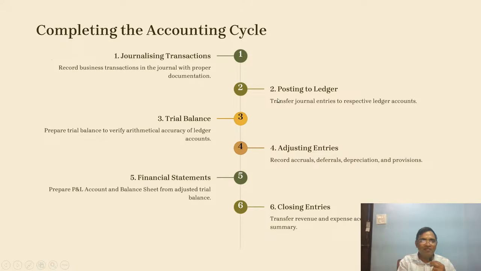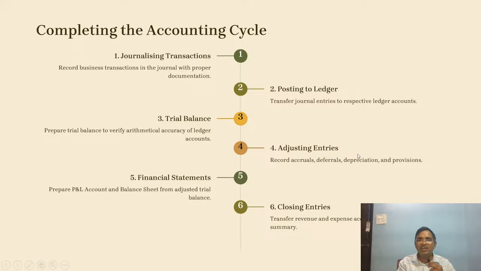First we make the journal entries, supported by primary documentation. Then we go to the ledger. Whatever is mentioned in the journal entry goes to the ledger posting. Then from the ledger it goes to the trial balance. After the trial balance, adjusting entries can be done in the profit and loss account.